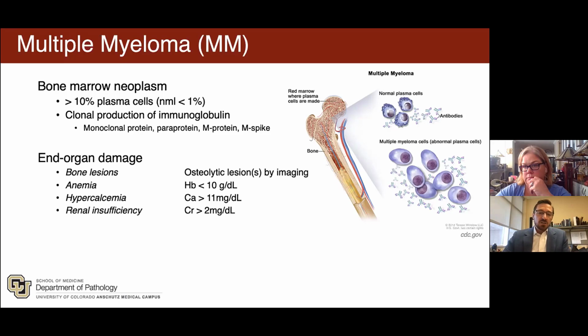These patients present with bone lesions associated with expansion of plasma cells in the bone marrow. Because this is where red blood cells and other blood cells mature, these patients present with anemia because there's not enough space for red blood cell precursors to grow. As bones break down, they release a lot of calcium. This hypercalcemia, in addition to the high amounts of immunoglobulin that myeloma cells produce, puts a lot of stress on the kidney and can create renal insufficiency and kidney failure.